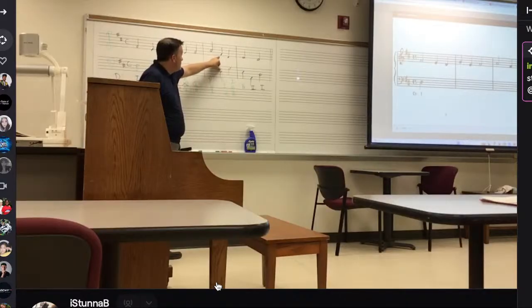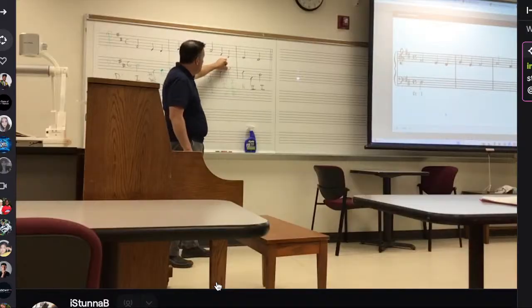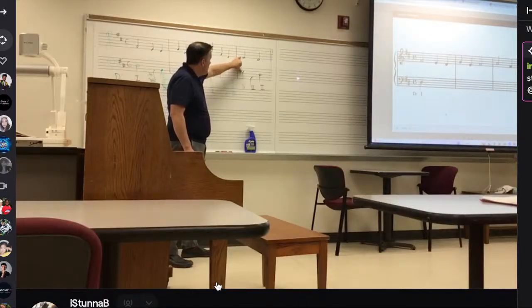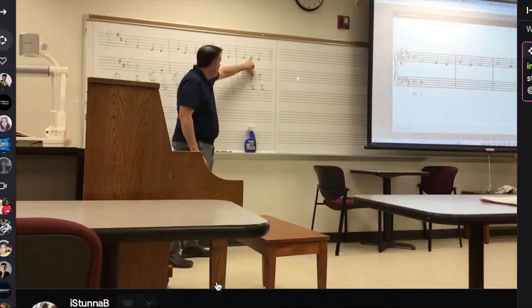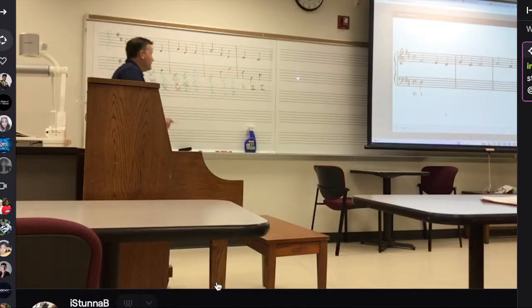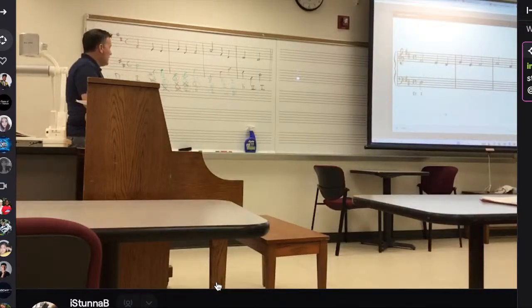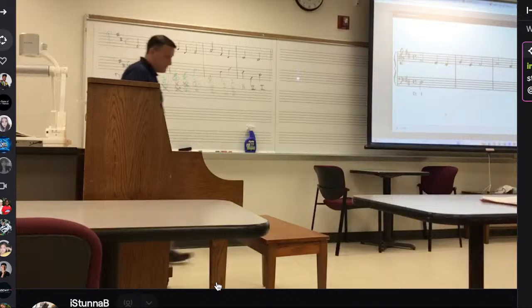D to F sharp is a third. G to D is a fifth. So far, so good. E to E are octaves. E and A, oblique motion. And then D to D, octaves. So I guess this bass line could work, this chord progression.